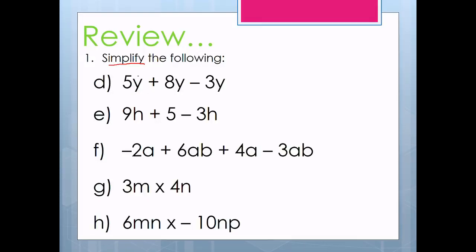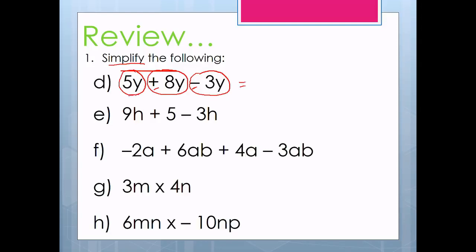So we can make this expression smaller here by collecting all of the like terms, and what I'm doing now is I'm actually circling the like terms. I can see that they're all like terms because they have the same base and they have the same index. The base is y and the index is 1, even though it's not written in there. Now, I circle them, and as I told you on Tuesday, I also include the sign because the sign tells me what to do with these terms.